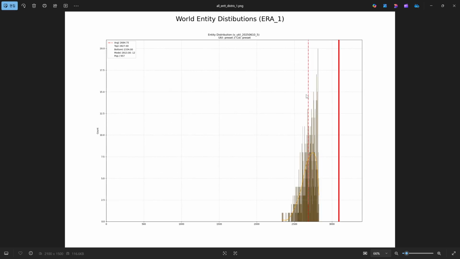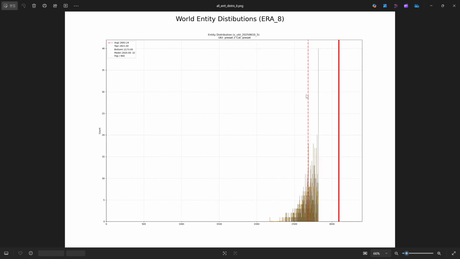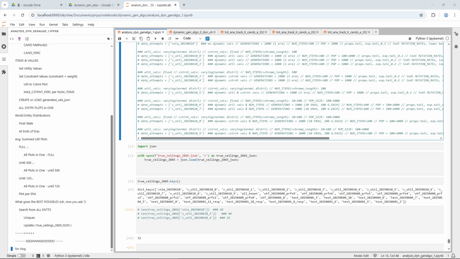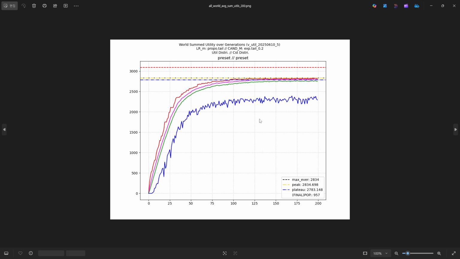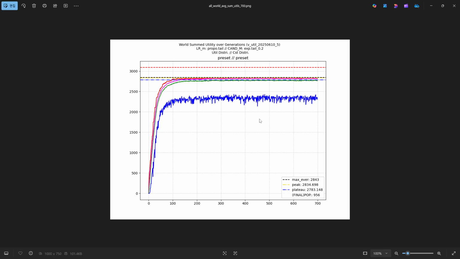Generation 100, 200, 300, 400, 500, 600, 7, 8, 9, and 10. Yeah. And the mode is 2826, and we cannot actually see what the maximum ever was, so let's just skip right to the summed utility plots. 100, 200, 300, 500, 600, maximum ever is 2843.